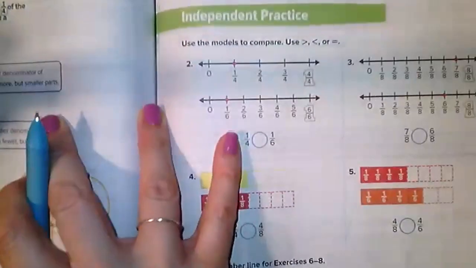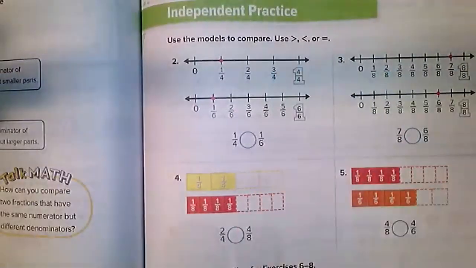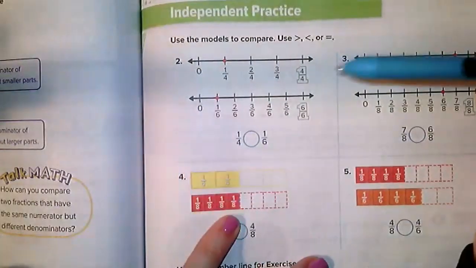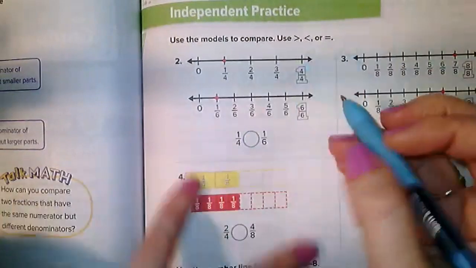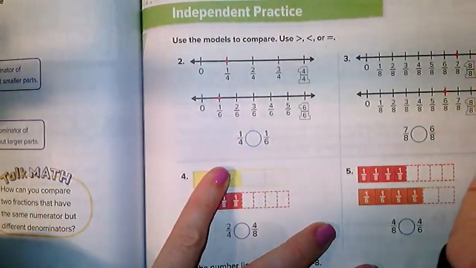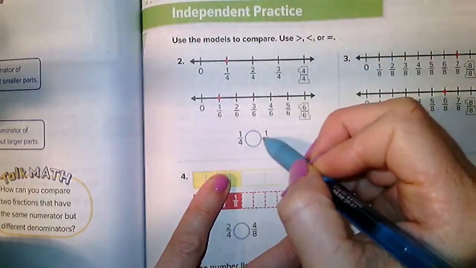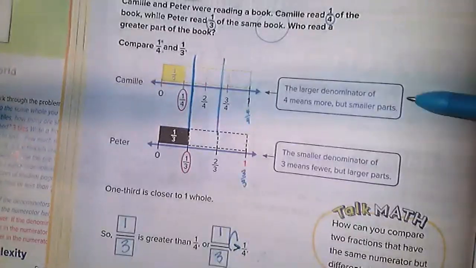All right, let's go ahead and let's look at number 2 for the independent practice. We're going to continue to use the models, okay? And they're wanting you to compare these 2 fractions, okay? So remember, the larger the denominator, the smaller the piece, okay? So if you're unsure, come back over here. Come back to the example number 2, and it's going to break it down for you.